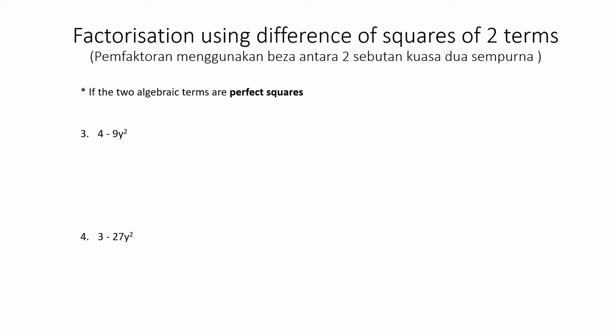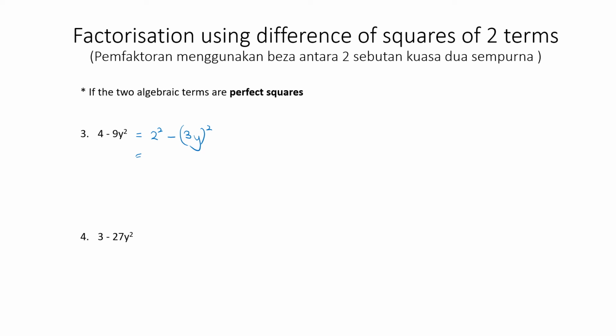For our third question, the same thing, you need to find out the square root of the number. So 4 is actually 2 squared. So square root of 4 is 2. So 4 equals 2 squared, minus 9y squared, which is 3y squared.